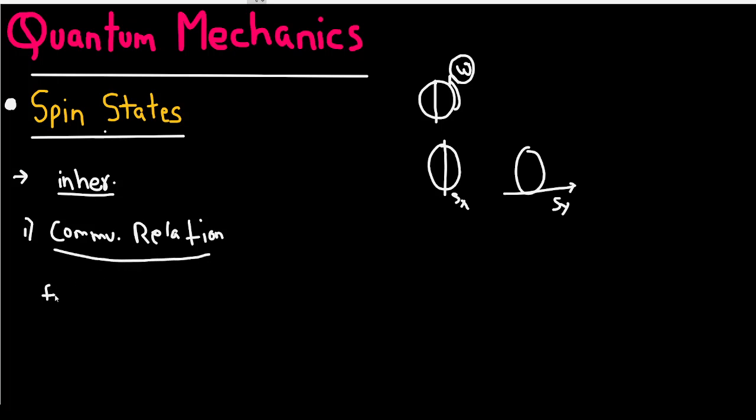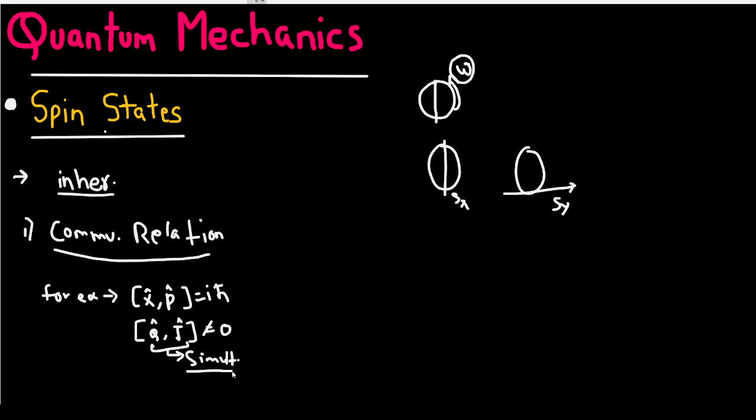Let me recap the example of the position and the momentum. You can see that the commutation relationship of the position and the momentum operators is equal to iħ. And if any two operators are there, let's say Q operator and J operator, and their commutation relationship is not equal to zero, as in the case of position and momentum, these two things cannot be measured simultaneously.